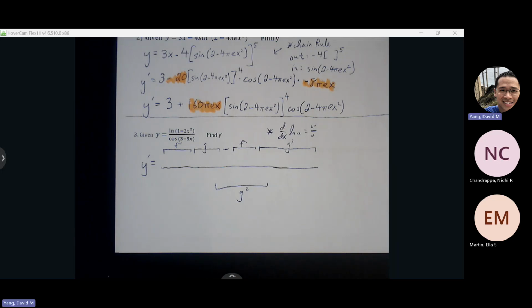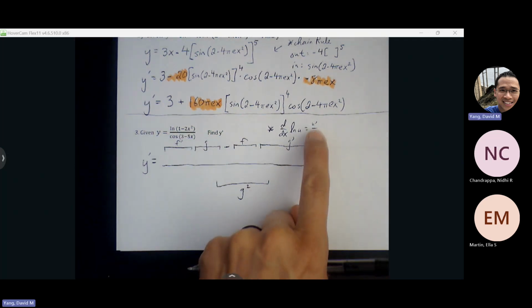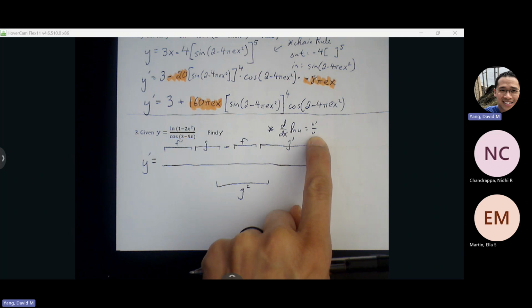F prime g minus f g prime all over g squared. Natural log of u becomes u prime over u, so negative 4x over 1 minus 2x squared.